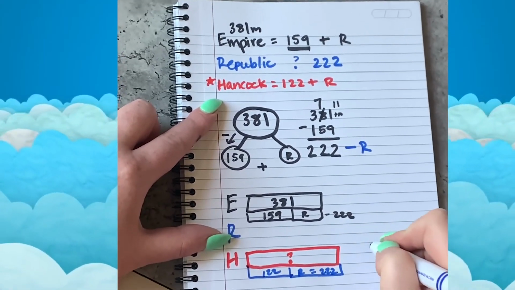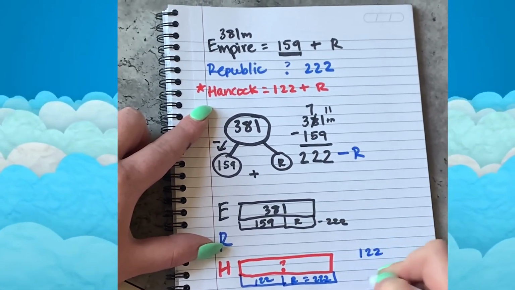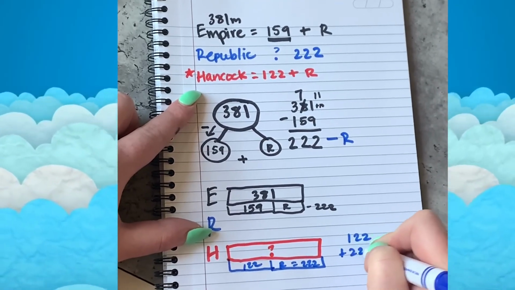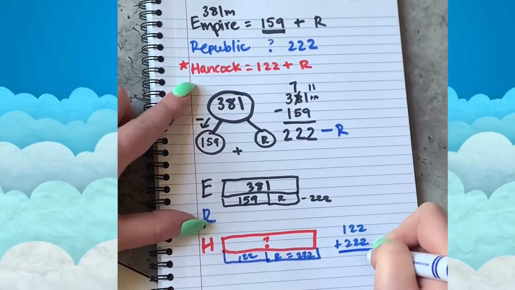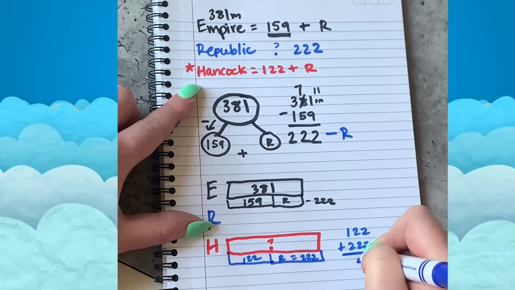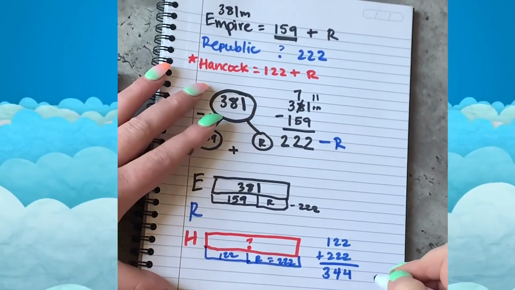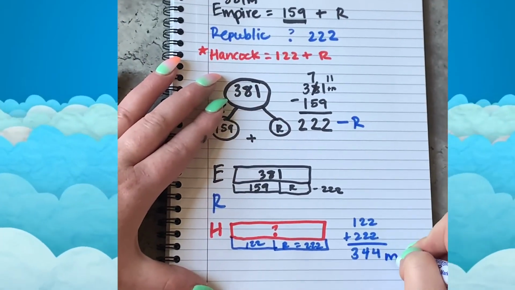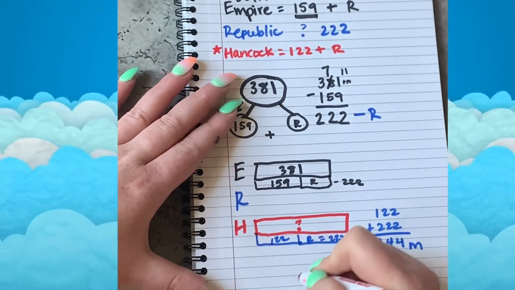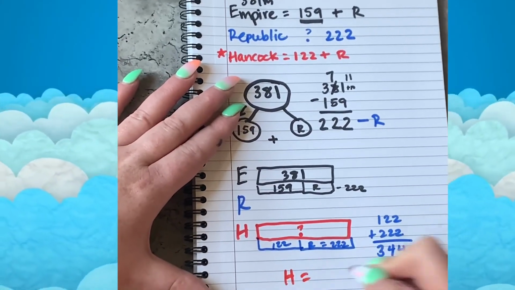So I'm going to go ahead and add that up. 122 plus 222 equals 344 meters. The Hancock Building equals 344 meters.